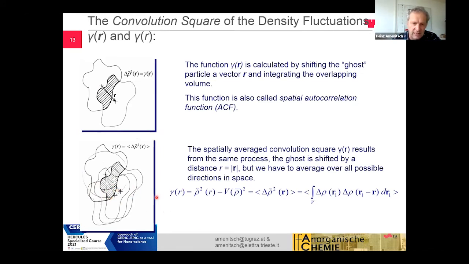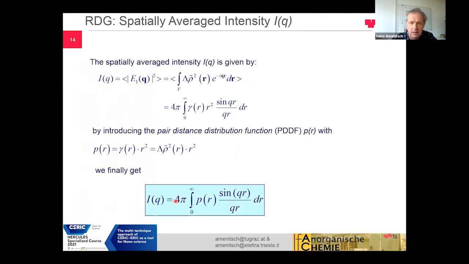But you then have this especially average convolution square, gamma of R, which contains all the information you can get from a small-angle X-ray scattering experiment. But even as a rotational average, there are somehow 20 to 30 parameters you can derive from this function in reciprocal, but also in real space.